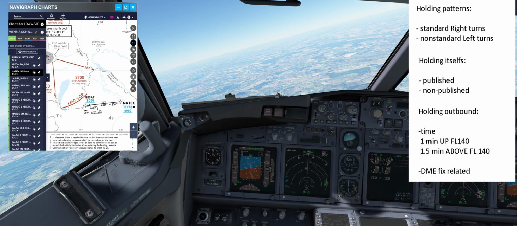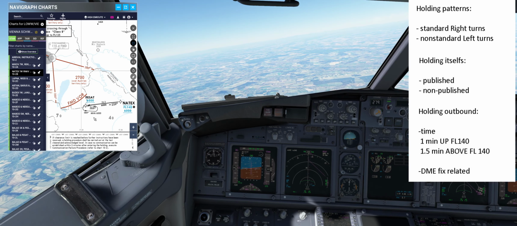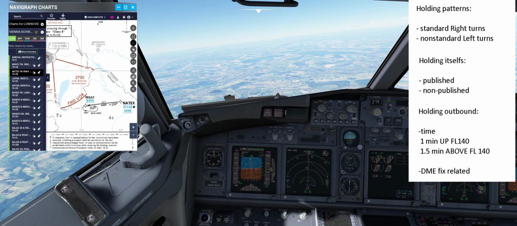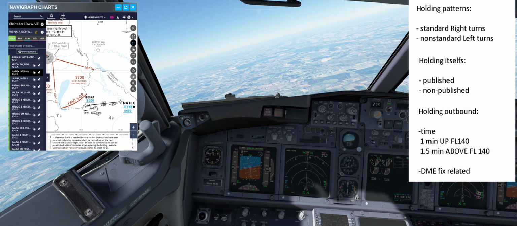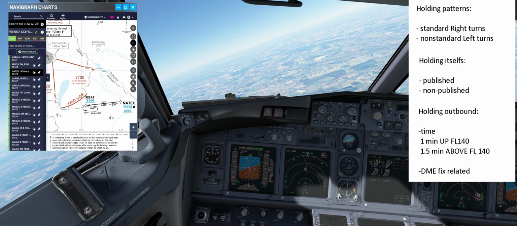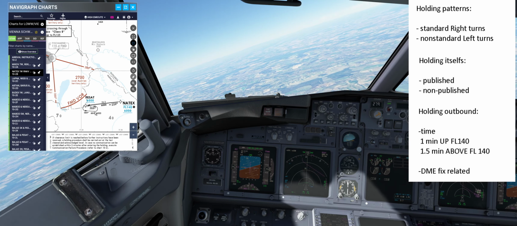If you don't have any more information about your holding, what are you going to do? If you are below flight level 140, your outbound leg should be 1 minute.